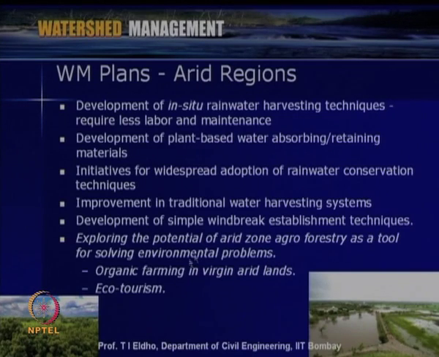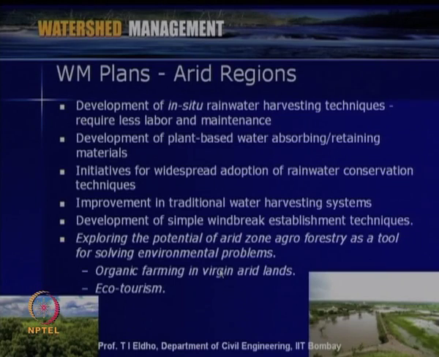So, we can go for better agroforestry, like shown in this photograph. That can solve most of the issues as far as watershed management plans are concerned. Then also we can go for organic farming in virgin arid lands, and another source of income for the local people will be ecotourism.